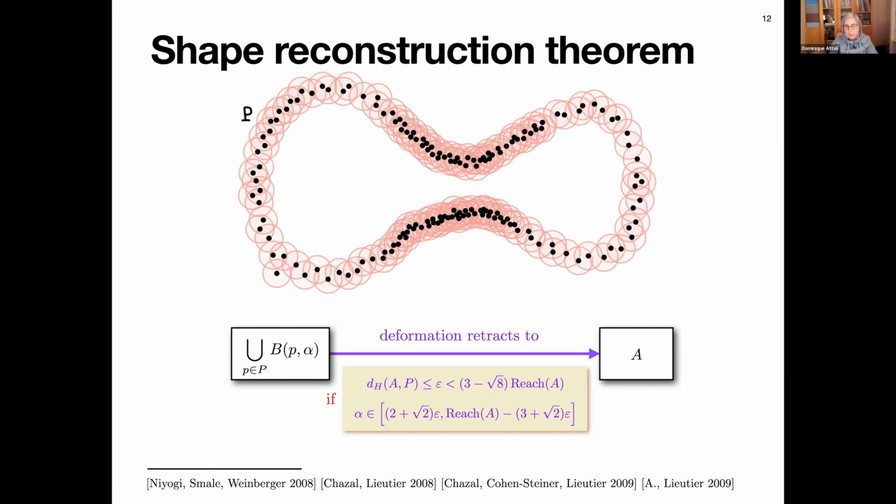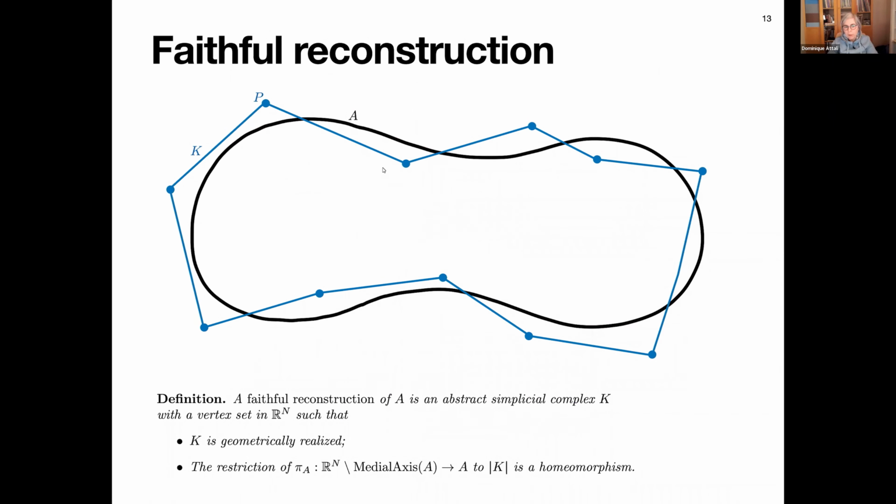And we would like to output what we call a faithful reconstruction. So we define a faithful reconstruction as an abstract simplicial complex, which will be geometrically realized. So this complex is going to be formed of simplices. It will define a domain. And we want also that as we project the domain onto the shape, we get a homeomorphism.